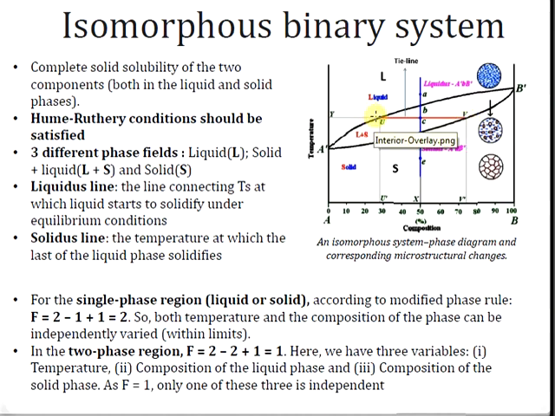So the composition is fixed. The composition corresponding to this point is U dash, whereas for this V, the composition corresponds to the solid phase, that is fixed to V dash. So we can choose any of these three variables.